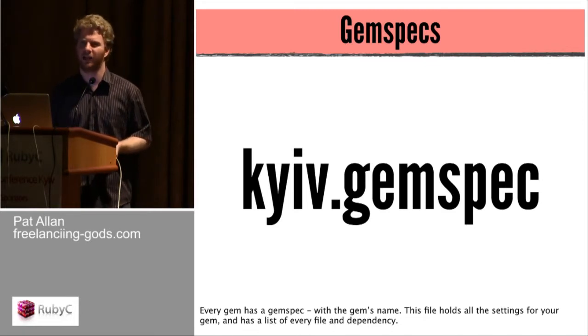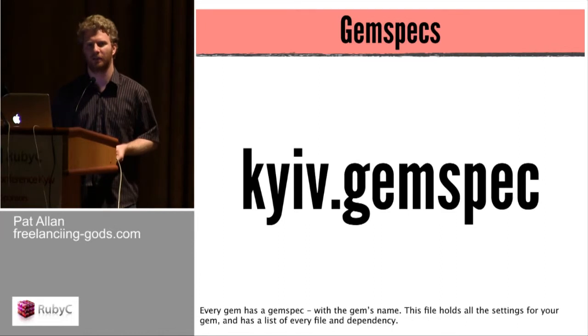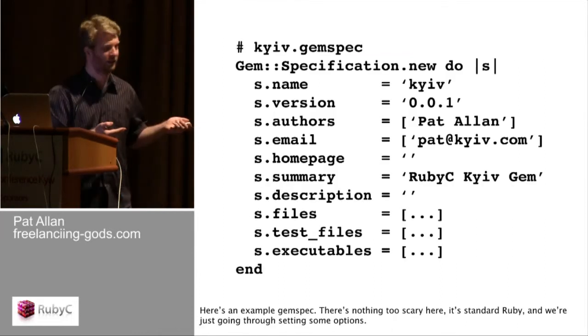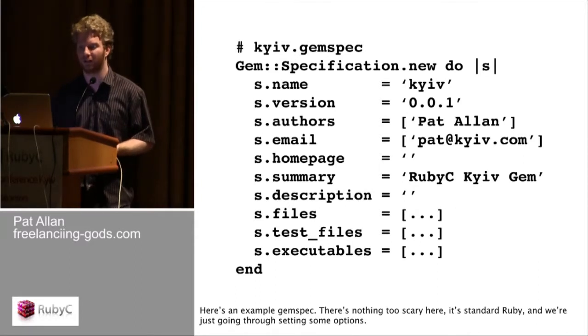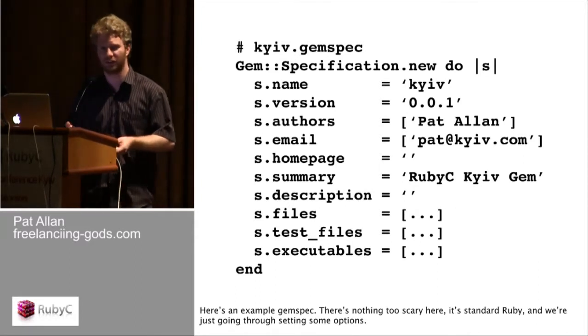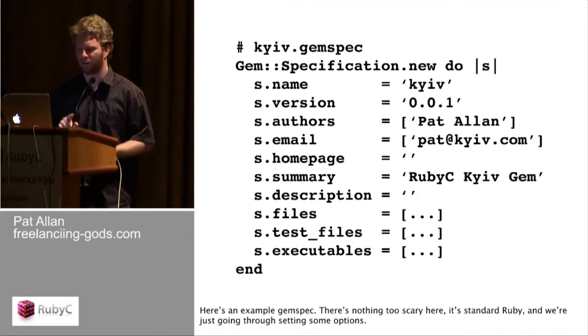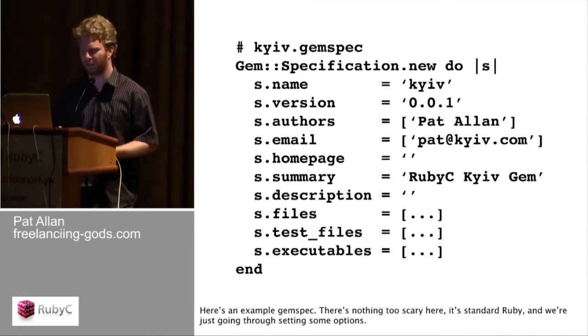But instead of .rb, the file extension is .gemspec. But the file itself is still Ruby. Here's a very simple example of what it would look like. So you're just going through, making some settings, defining what your gem is. So I'll go through each of the settings listed there and give you some more detail.